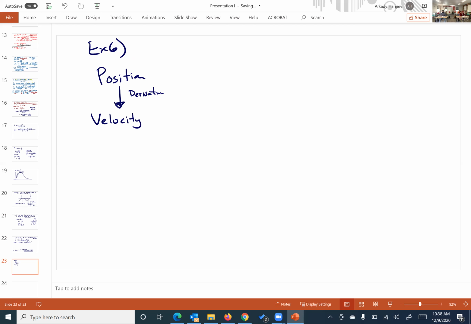Technically it's speed plus direction. That's what velocity is. And then you take a derivative again, and you've got yourself your acceleration. How fast is it increasing, or how fast is it decreasing?